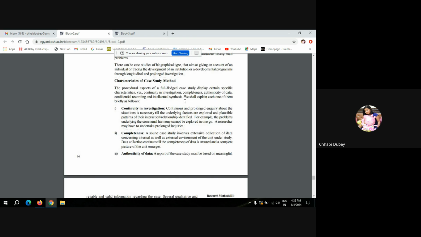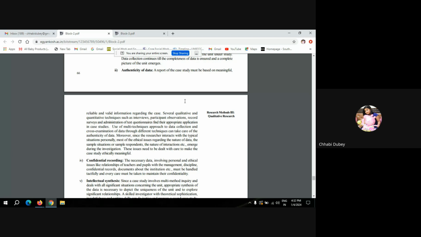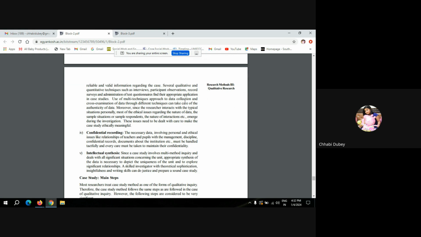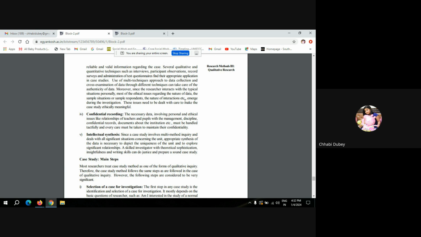The data collected in case studies is generally very authentic because we are taking it directly from the units. These are generally primary data, and multiple techniques are generally used in case studies. Then the recordings that we have are supposed to be very confidential. As researchers, we have to understand that these are confidential recordings, and we need to keep the data very confidential.